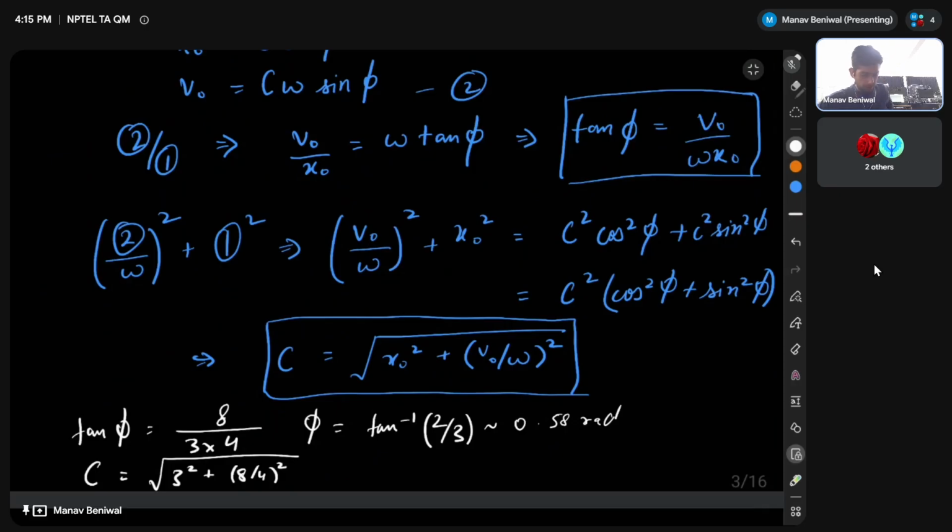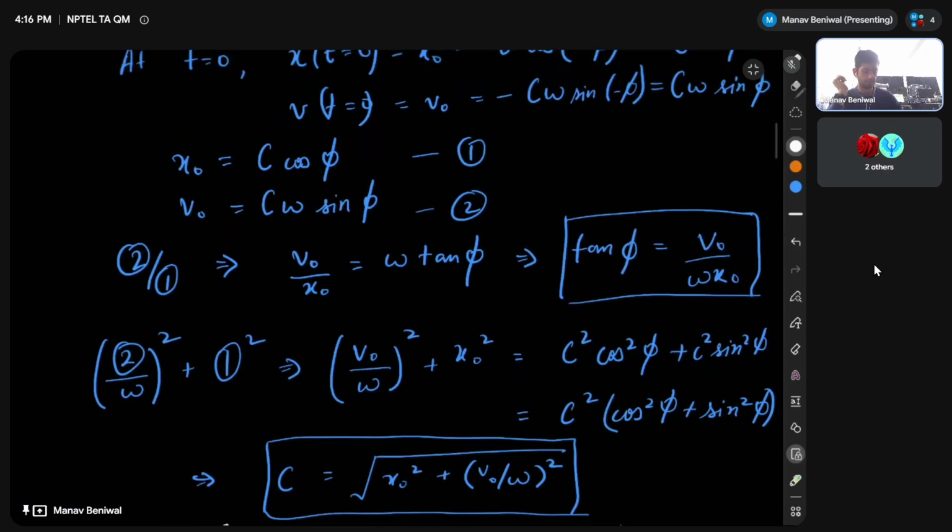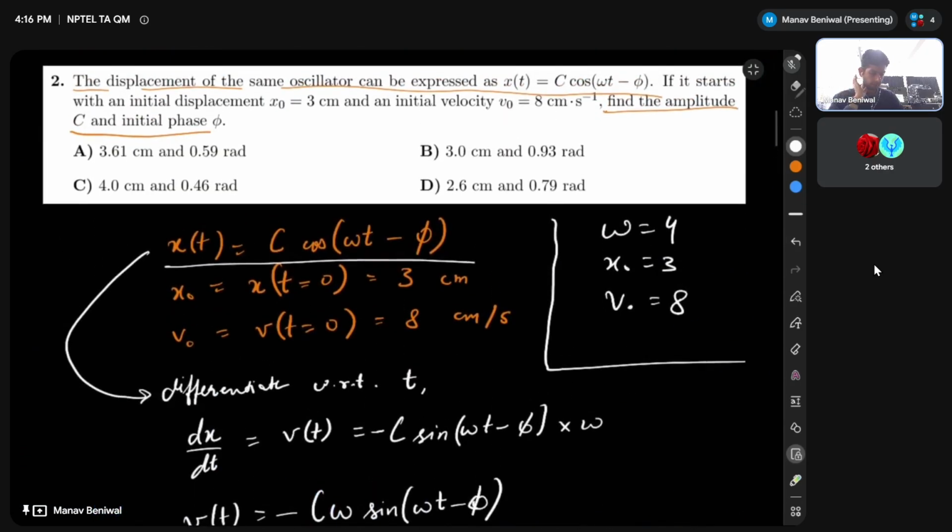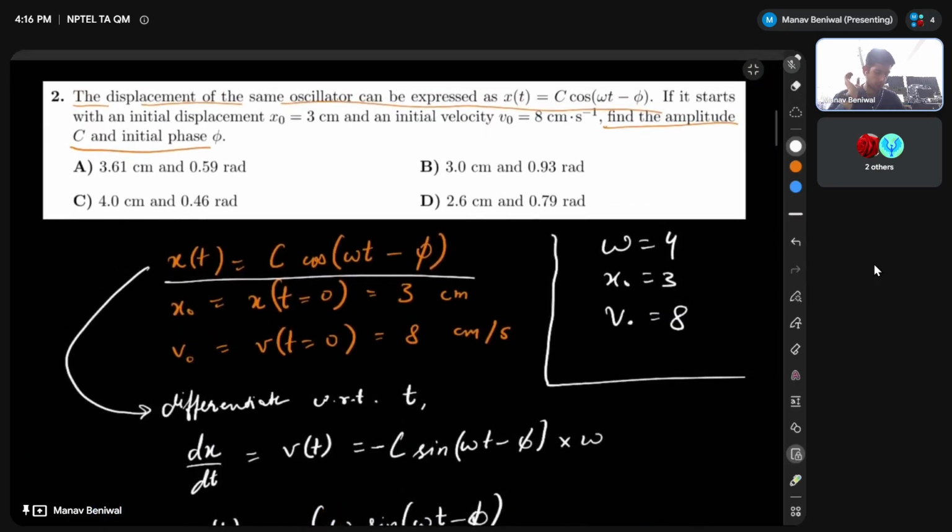So this is the square root of 9 plus 2 squared, which is 4, so this is the square root of 13, which comes out to be roughly 3.6 centimeters. So this is our phi and this is our c, which matches with option A.